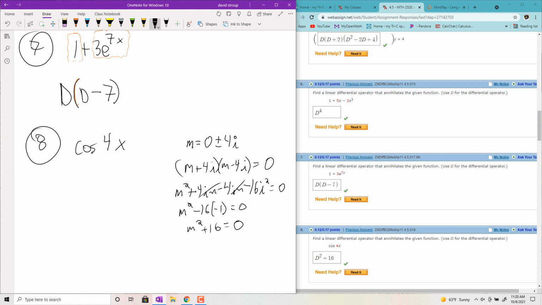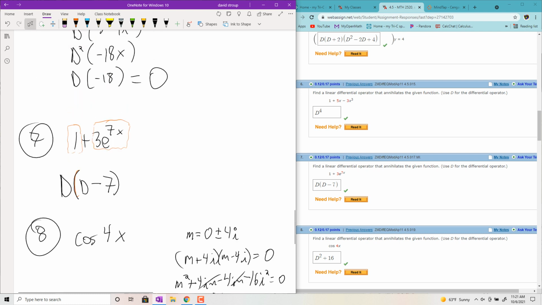And that thing is your annihilator, because your differential equation, if you back engineered it, would just be the second derivative of y plus 16y equals 0. And so your annihilator is D squared plus 16. So you can always back engineer it.